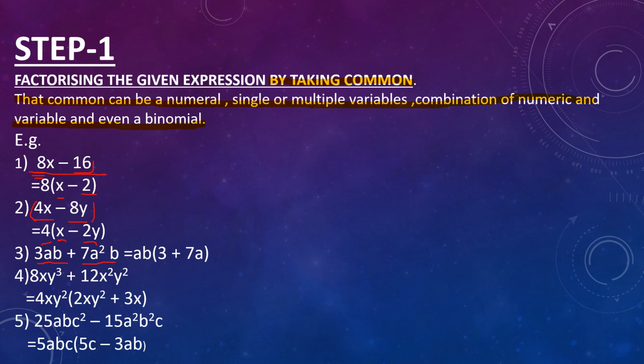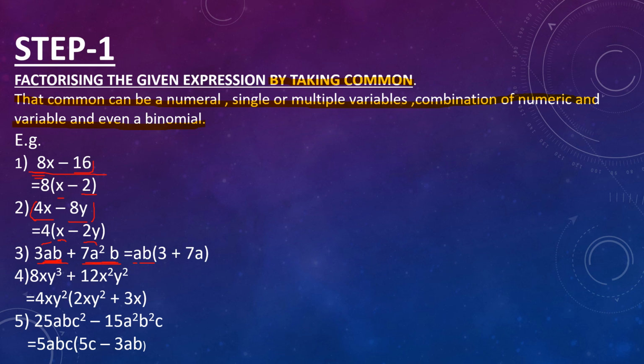Now coming to variables, you can see a and b present with both the terms. When it comes to taking out variables common, we always take the least power as common. So the least power of a is a and of b is b. So we have taken ab as common.